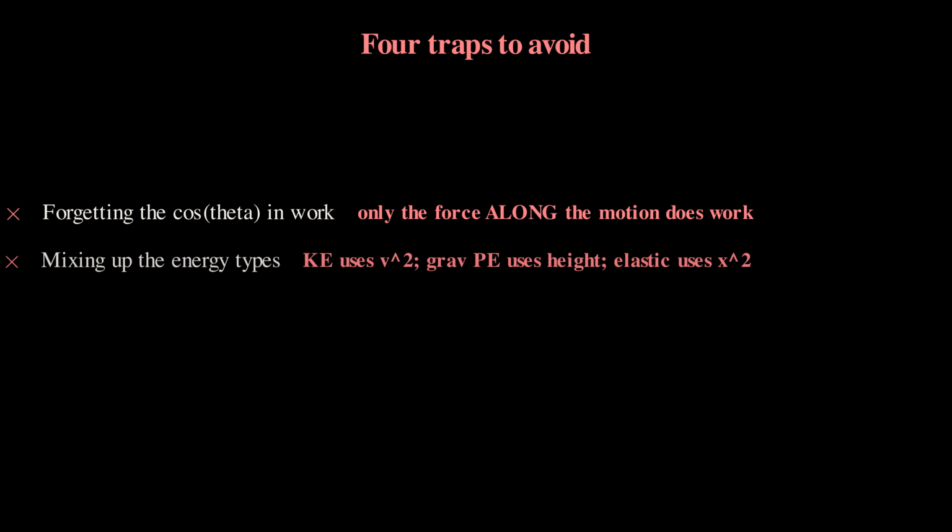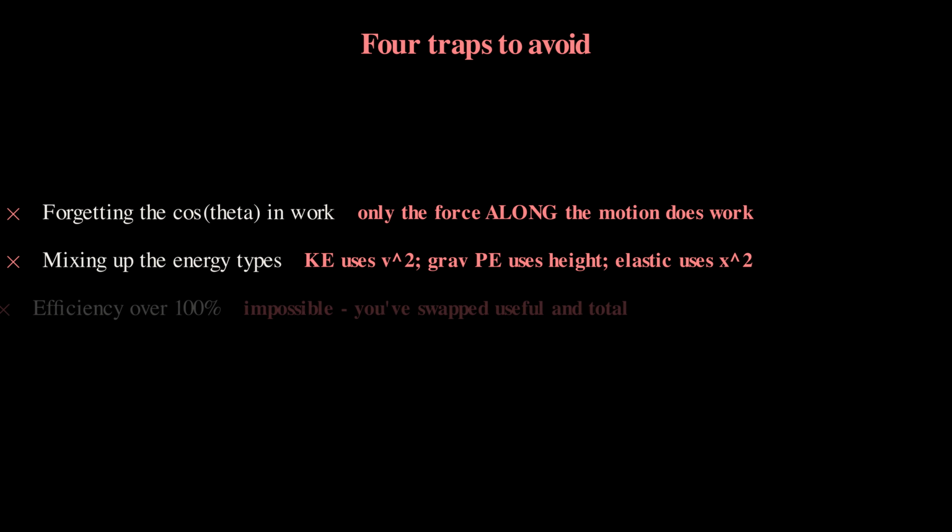Gravitational potential uses the change in height. And elastic uses the extension squared. Grab the wrong one, and everything unravels. 3. An efficiency over 100%. That's physically impossible. So if you get it, you've divided total by useful, instead of the other way around.